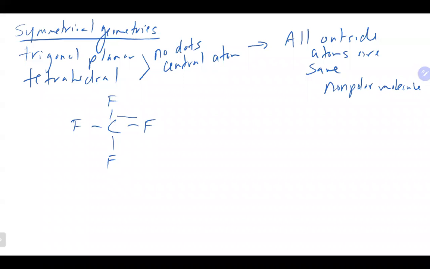So we actually have 4 polar bonds, but there are no dots on the central atom. These are all symmetrically opposite of each other. So you have 2 fluorines pulling this way, 2 pulling this way. They're going to cancel each other out, and it will end up being a non-polar molecule.